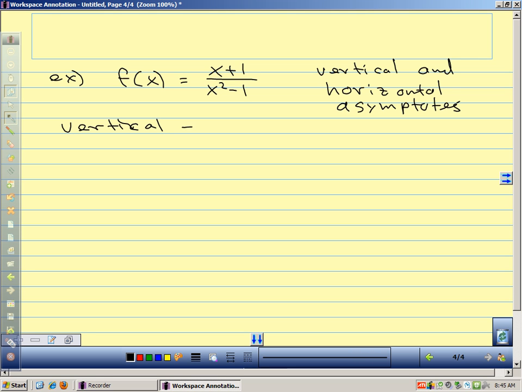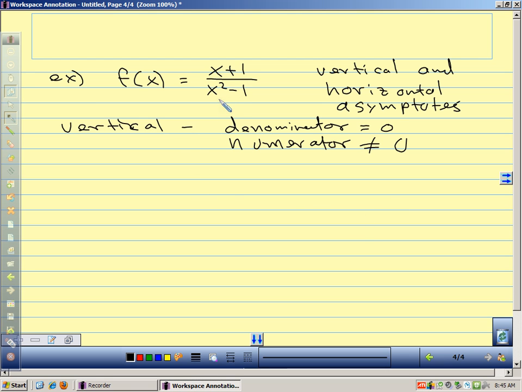A vertical asymptote is where the denominator is 0 but the numerator does not equal 0. Remember, if they're both 0, we get a hole. And we won't be doing a lot with them. I just want to make sure you understand that you can get them.